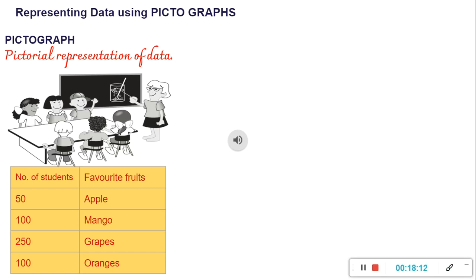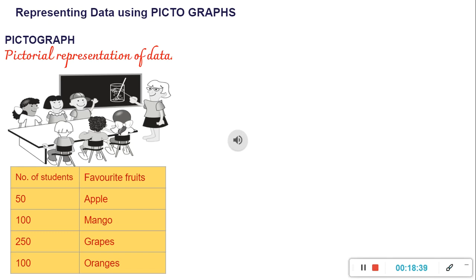So they said that their favorite fruit was apple. 100 of them said that their favorite fruit was mango. 250 of them said that their favorite fruit was grapes. And the remaining 100 chose oranges. So this was the response from the class of 500 students. Okay. So this is the data we have.